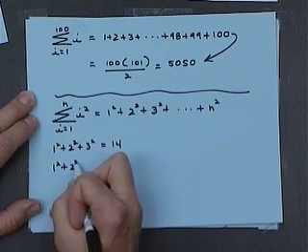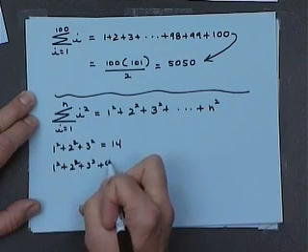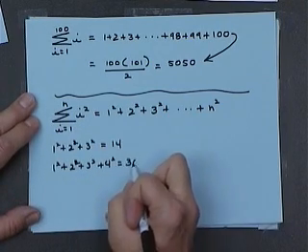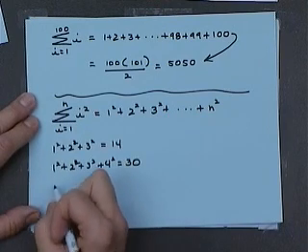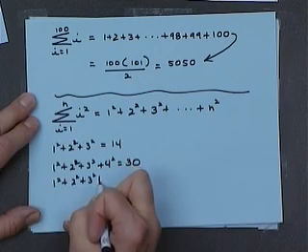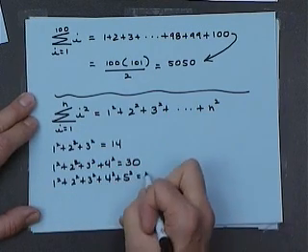1 squared, 2 squared, 3 squared, 4 squared, what would that be? 30? And let's do one more. I think we did this one earlier. All the way to 5 squared. 55.